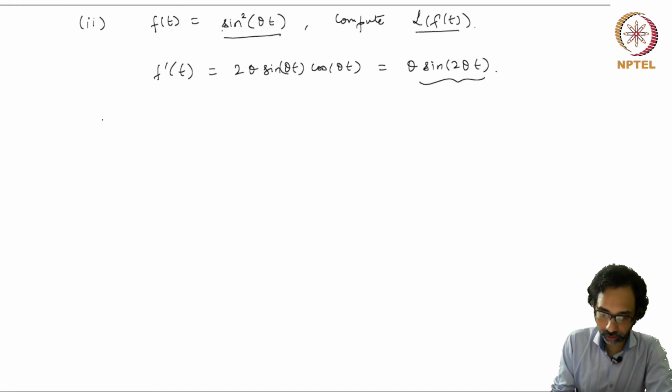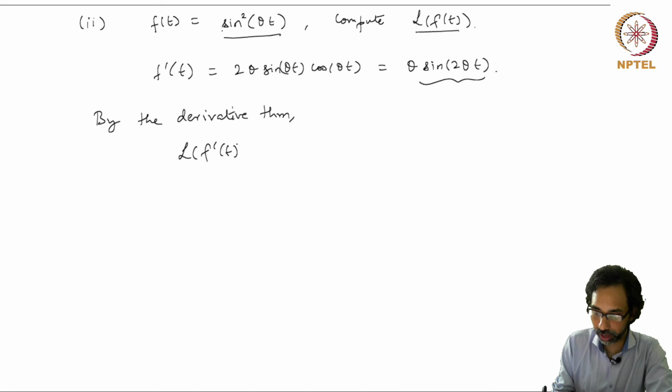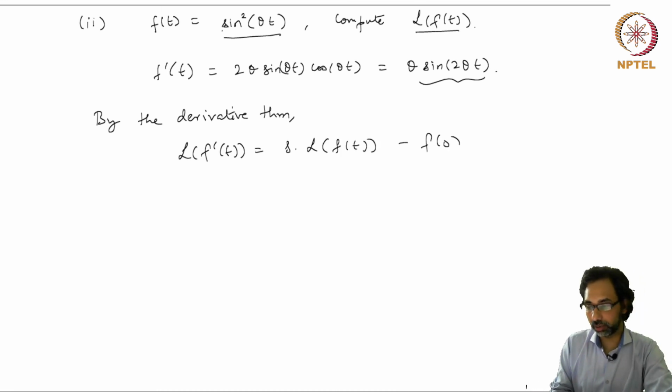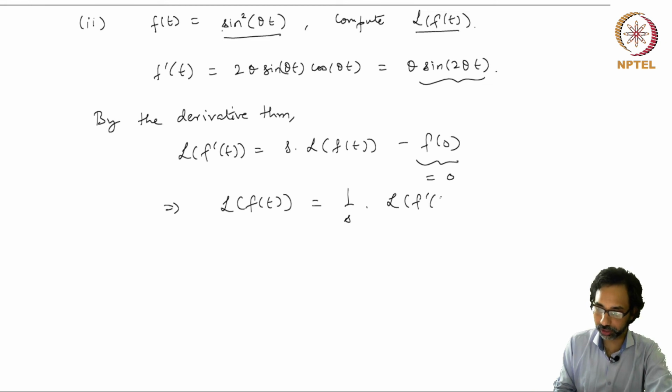So by the derivative theorem we have that the Laplace transform of f prime(t) is s times the Laplace transform of f(t) minus f of 0, but note that f of 0 is simply 0 because we have the sine squared function, and so we simply have s times L of f(t). So the Laplace transform of f(t) is 1 over s times the Laplace transform of f prime(t).